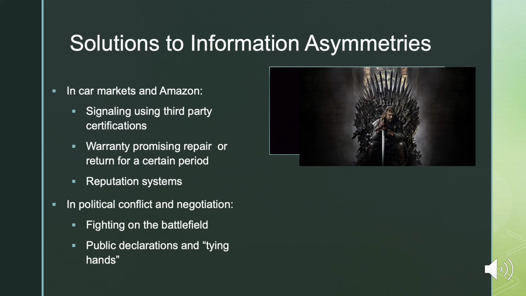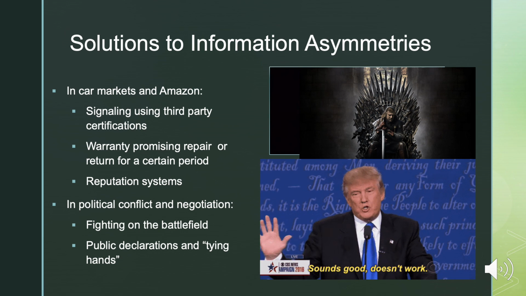Similarly, when political leaders make public statements, they are tying their own hands because if they declare something and it turns out to be false, they suffer reputation costs. Constituents and voters are less likely to believe them if the information they disclose is bad information. This ensures that the marketplace of ideas is not filled with fallacious claims and leaders have an incentive not to dish out fake news. Or do they?